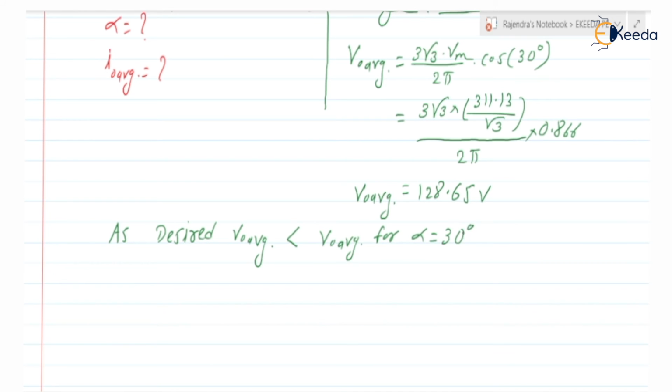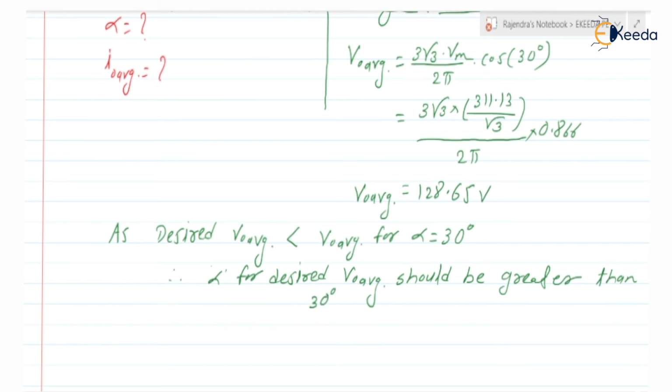Therefore alpha for the desired V0 average should be greater than 30 degree, right? Are you getting the point?